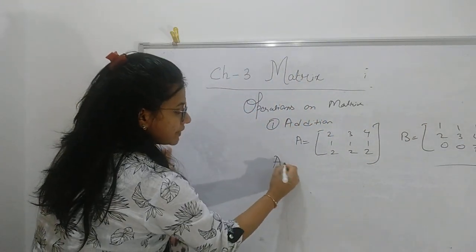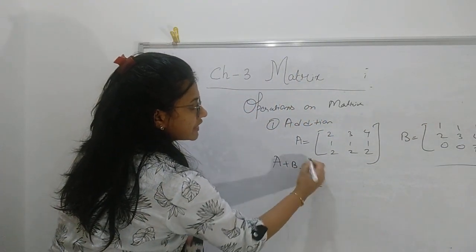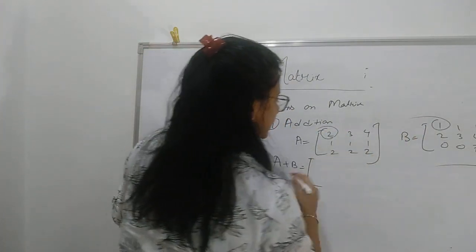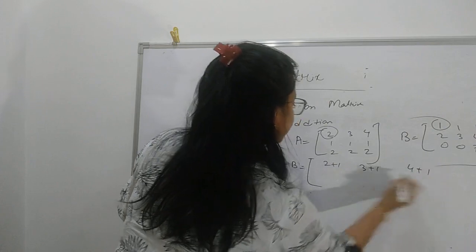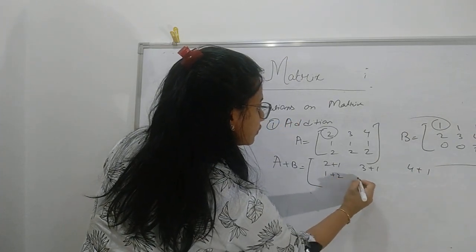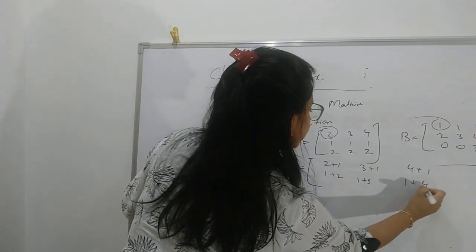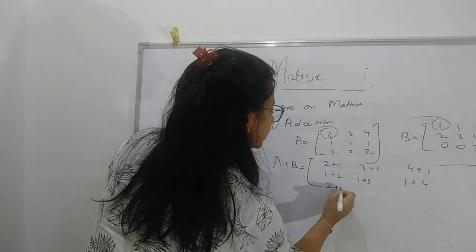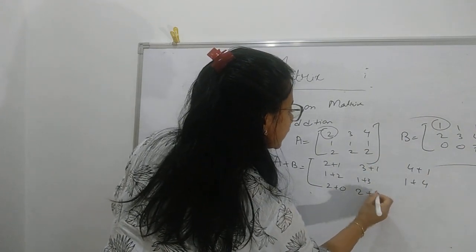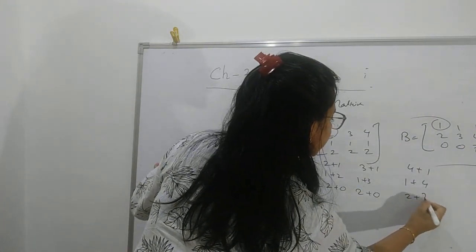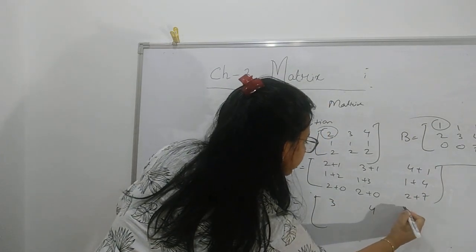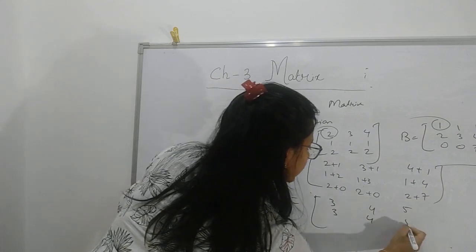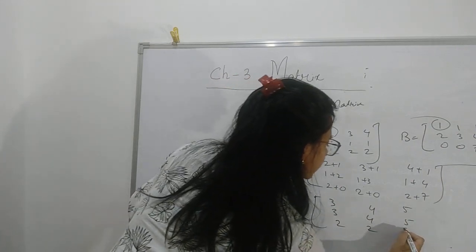So what will be A plus B? Addition of matrix means this element will be added with this. So 2 plus 1, 3 plus 1, 4 plus 1, 1 plus 2, 1 plus 3, 1 plus 4, 2 plus 0, 2 plus 0, 2 plus 7. So result will be 3, 4, 5, 3, 4, 5, 2, 2, 9.